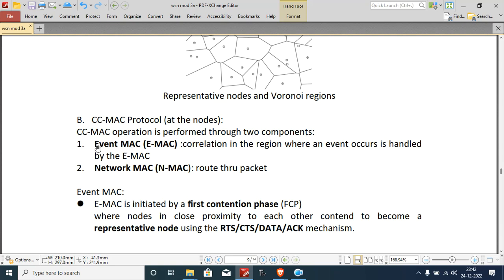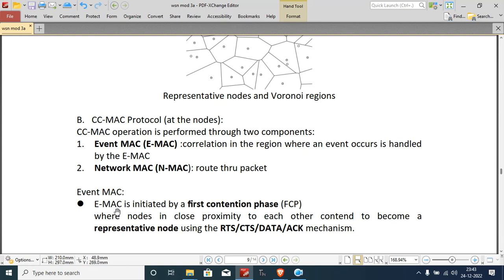The very first one is EMAC, where E stands for event, followed by NMAC, where N stands for network. In EMAC, correlation in the region where an event occurs is handled by EMAC, and NMAC handles route through packets.